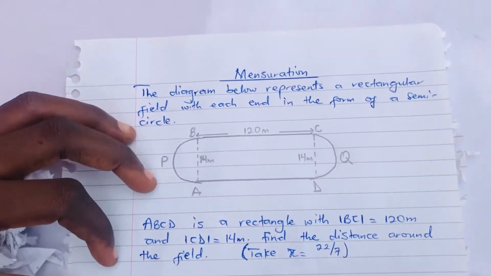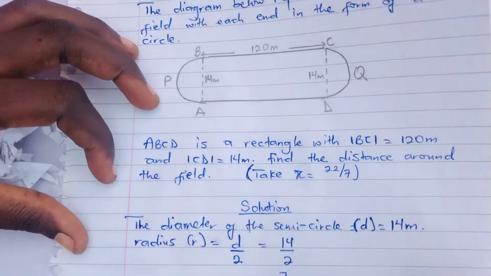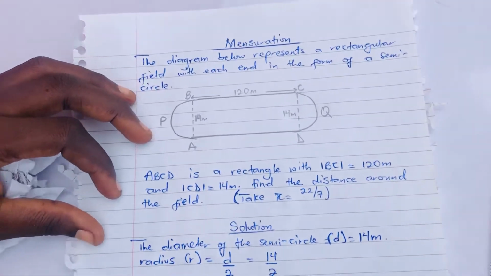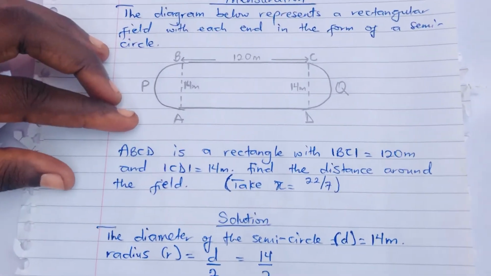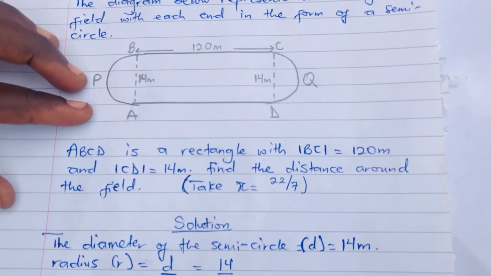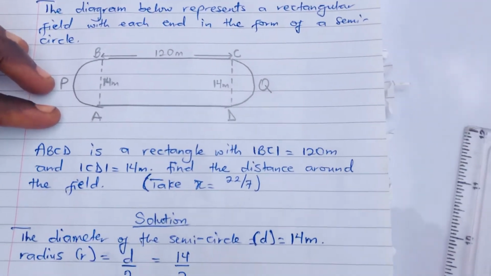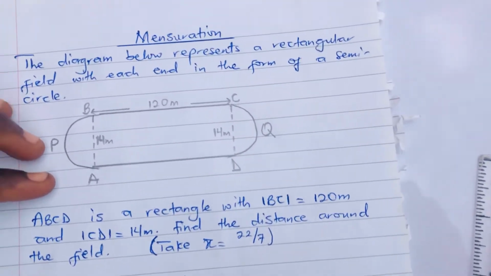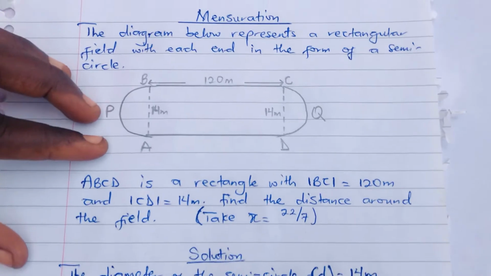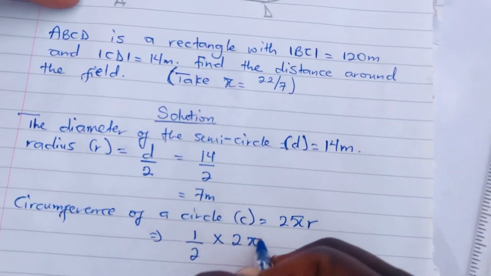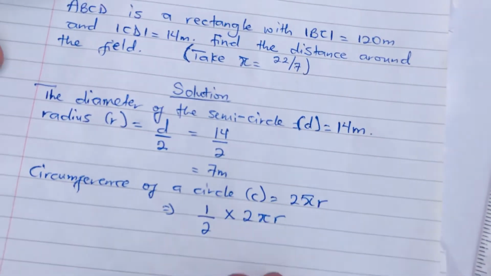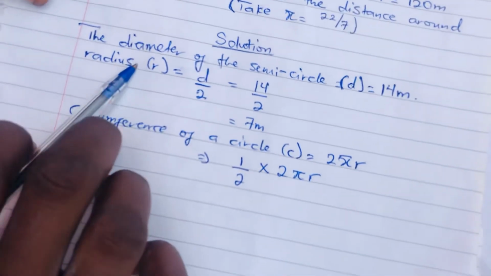Circumference of a circle is 2 pi r. But this is a semicircle. That is half of a circle. So it becomes half times 2 pi r, where r is our radius.